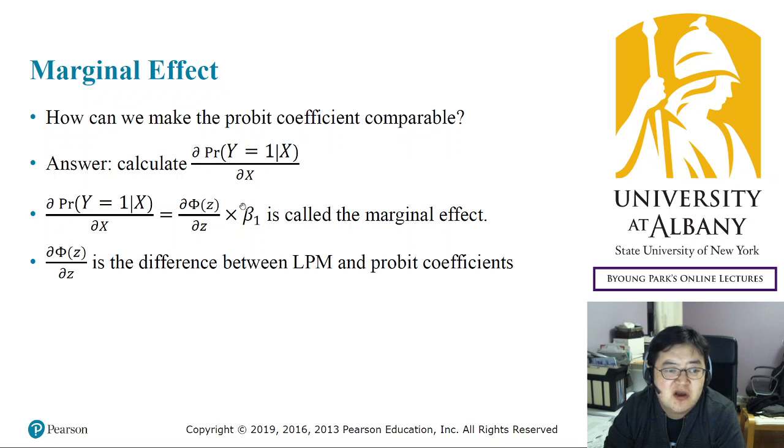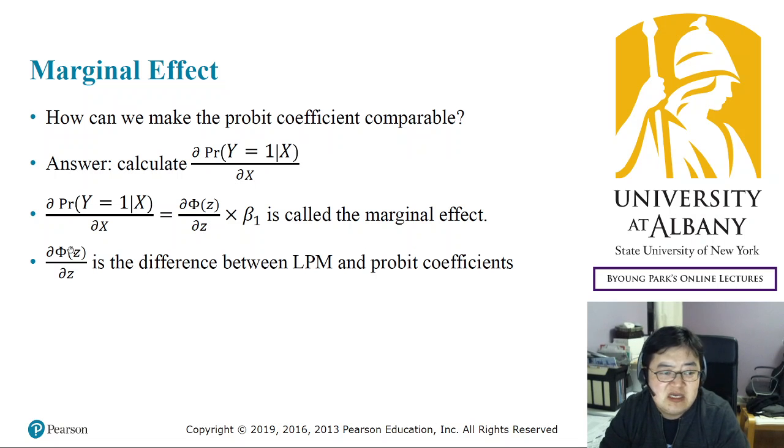The probit model coefficient must be multiplied by something else to have a meaning. This is nonlinear, and when you multiply them, we call this the marginal effect. So it's not only the coefficient, but an effect on probability. We call this the marginal effect because we obtained it by differentiation, marginal. Therefore, both the marginal effect and the linear probability coefficient are effects on the probability, so they are now comparable.